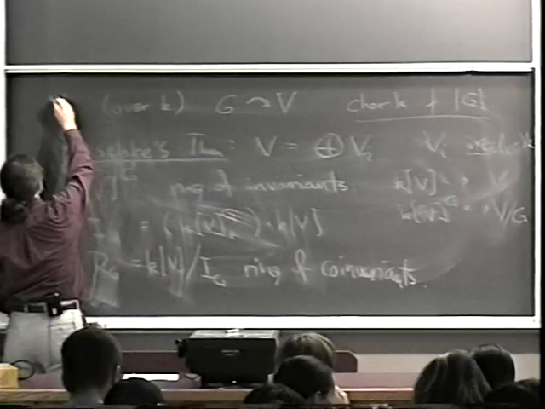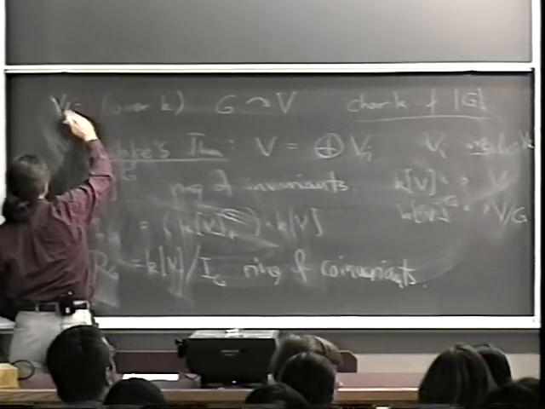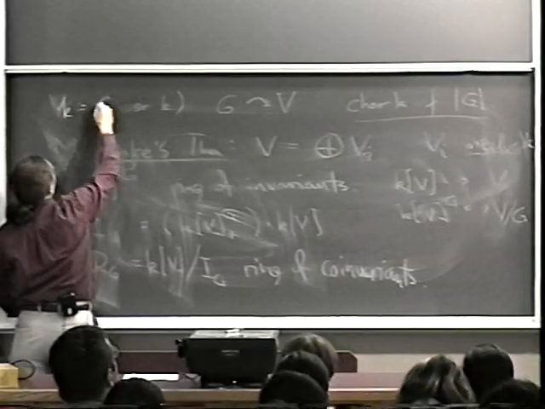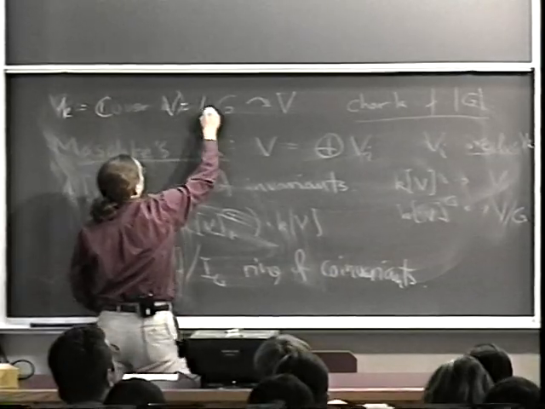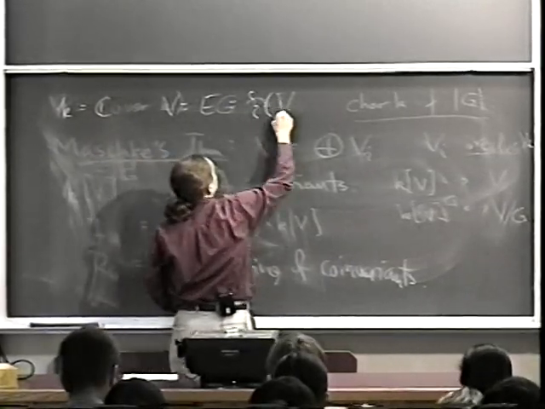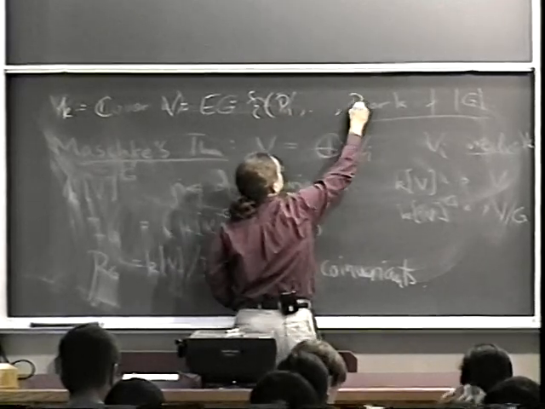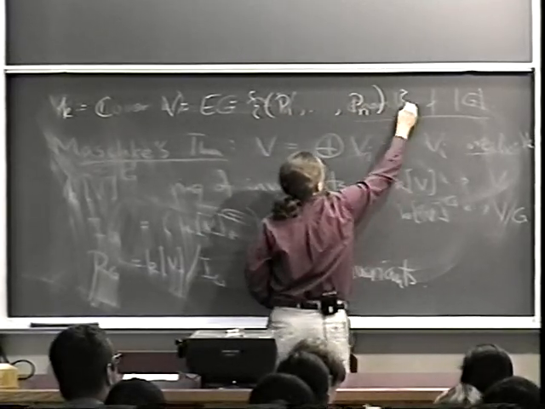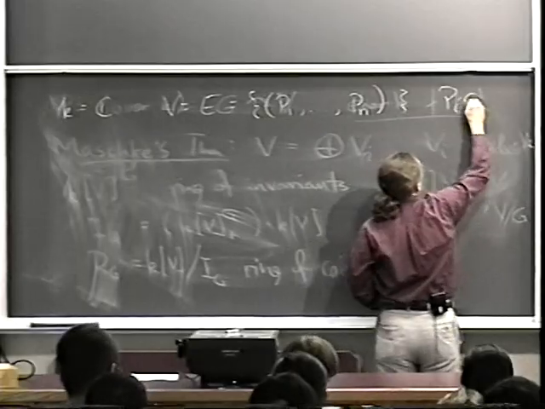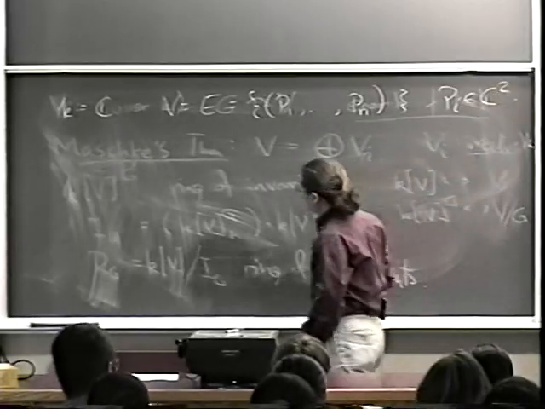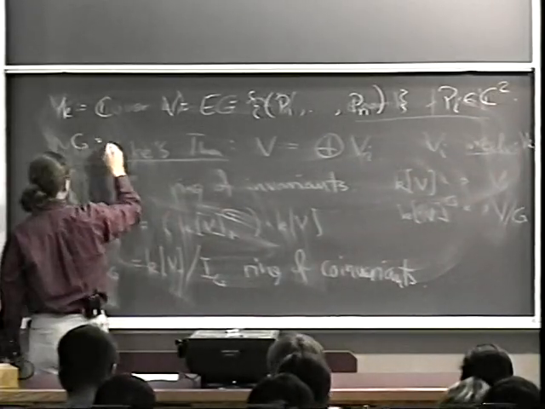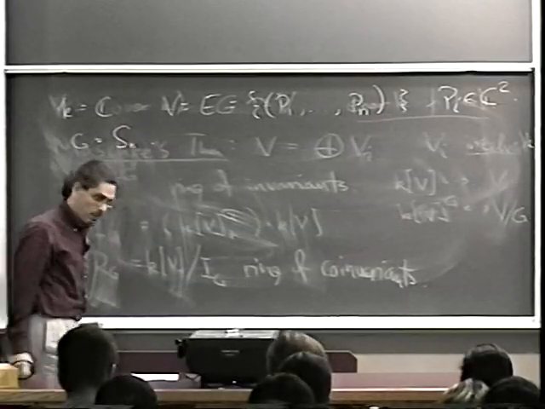So for now, K becomes C, V becomes E, this set of n-tuples of points in the plane, and G becomes the symmetric group, permuting the points.